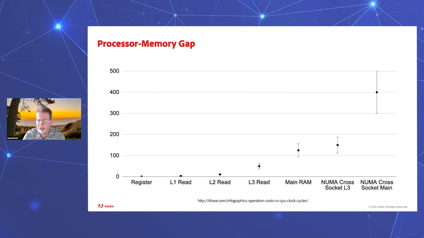Just for an L3 read, which L3s are typically tightly integrated across the NUMA architecture, but even so, you're looking at a bigger hit than main memory. And if you're looking at cross socket to main memory, you're looking at somewhere between 300 and 500 cycles.